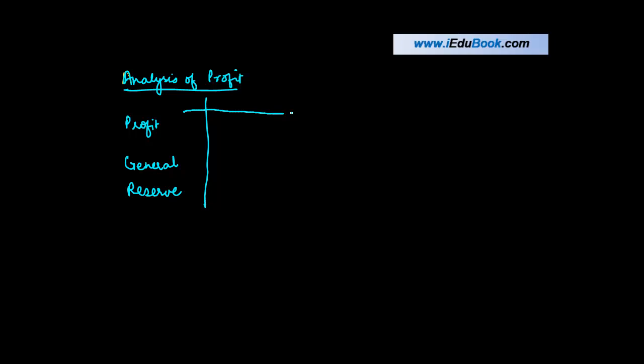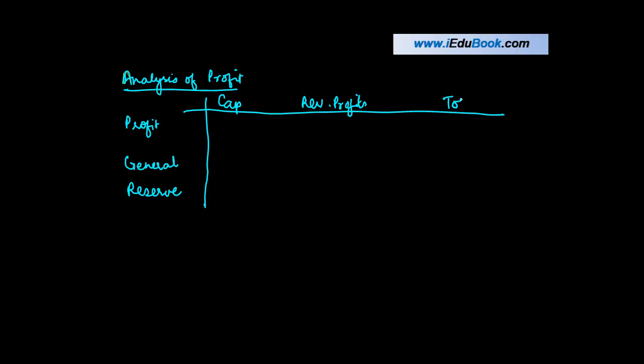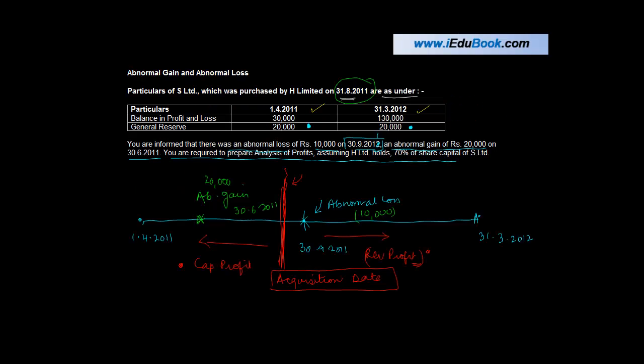Analysis of profit. So you have profit and loss account, you have general reserve account. Both these accounts have opening balances, so there will be capital profits and revenue profits. If we see the balance of general reserve, the opening and closing is the same, so there cannot be any revenue general reserve, so we will just have the total number.